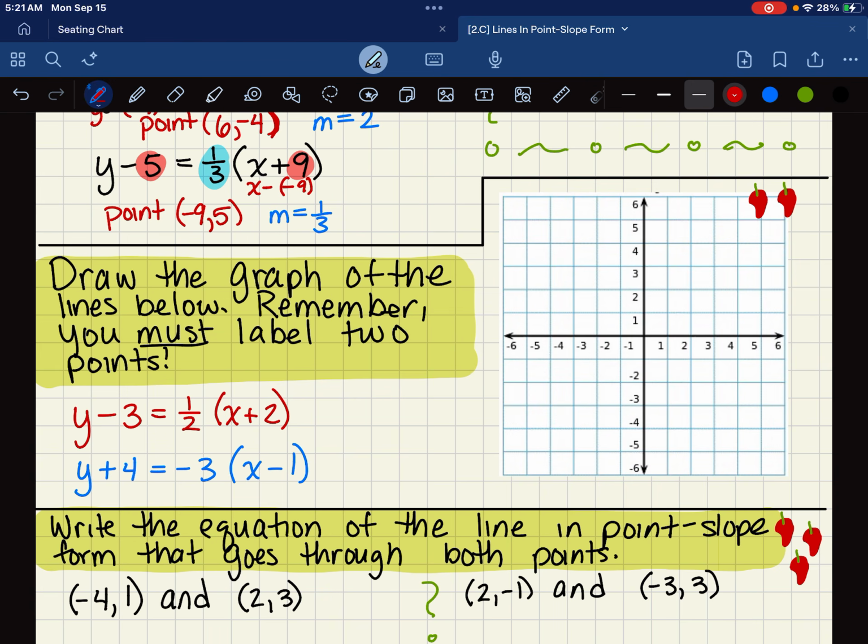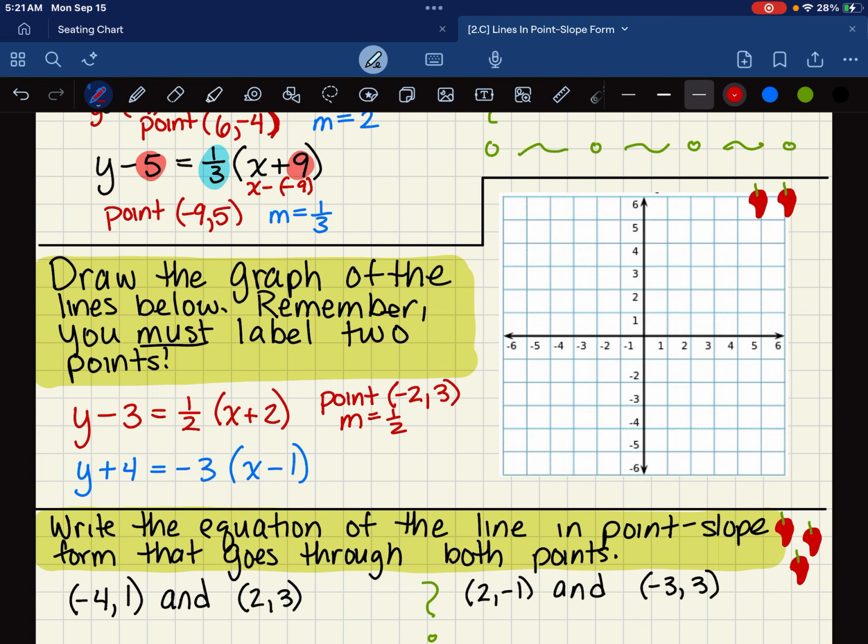Starting with the red one, the point would be at -2, 3, because there's a 2 with the x that has to flip signs, and a 3 with the y. Again, you're changing your signs. And then the slope, which I usually write as m, is 1/2.